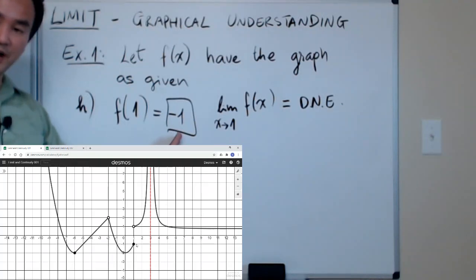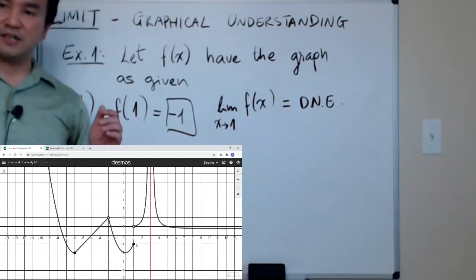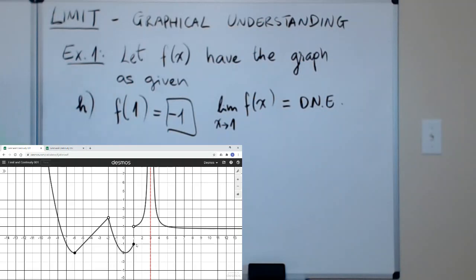We're having a finite function output value, and I believe question H right here concludes our example 1. But here's my next plan.